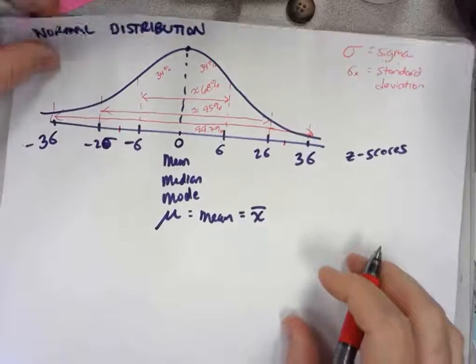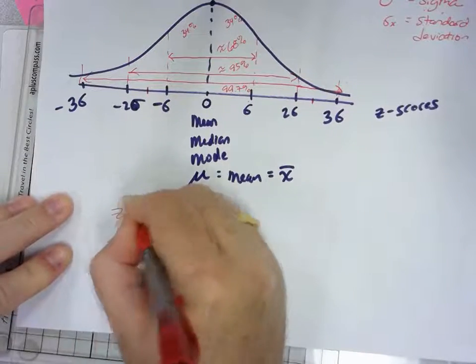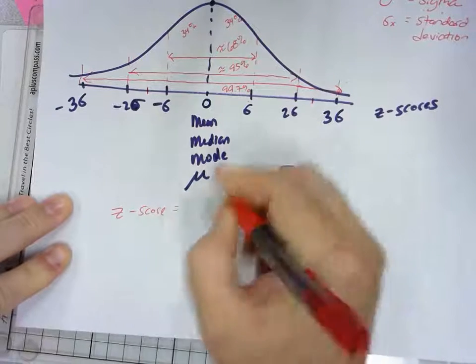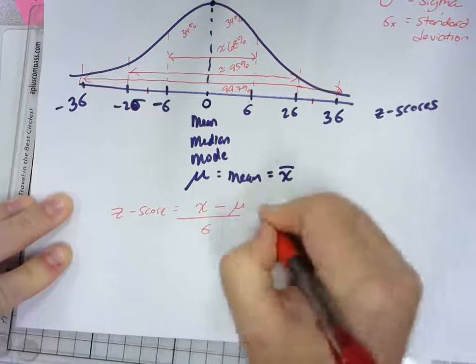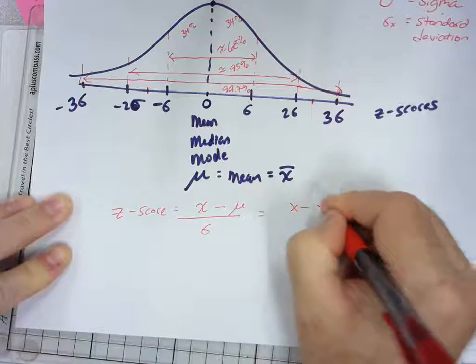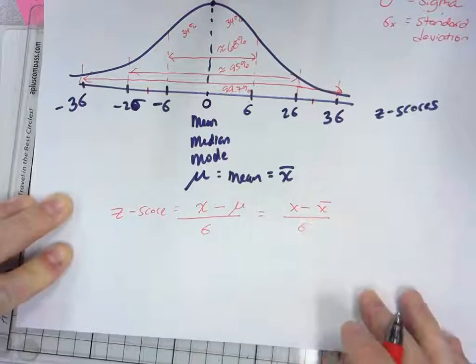How do I do a z-score? It's just x minus mu over sigma, which is basically x minus x bar over sigma.